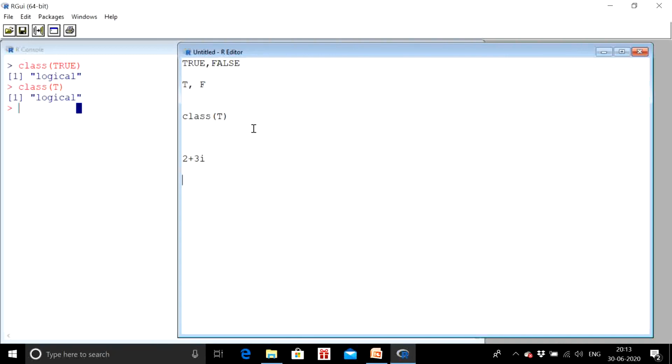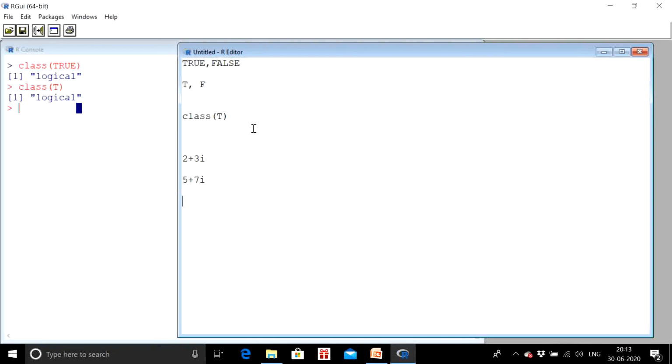So suppose there is a complex number like 5 plus 7i. The 5 is the real part and the 7i is the imaginary part, because you cannot find out the value of root over minus 1. So this 7i and this 3i are imaginary, and 2 and 5 are the real part.